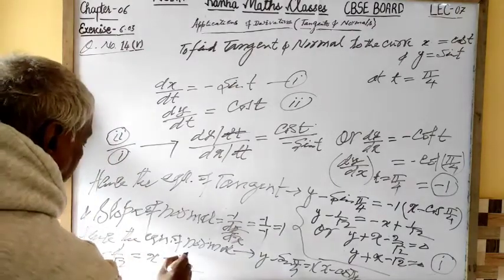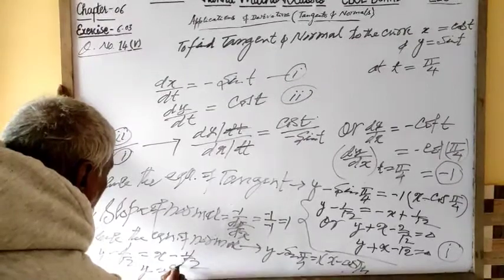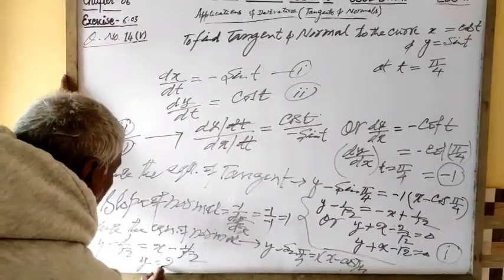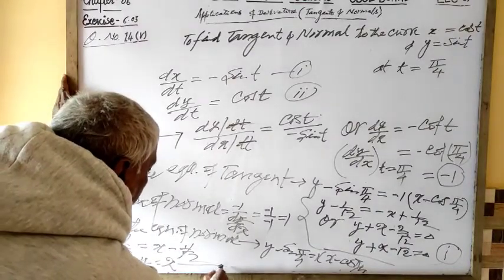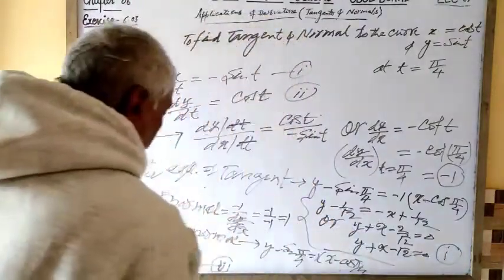These will be cancelled, hence y is equal to x. This is the equation of normal and this is the equation of tangent.